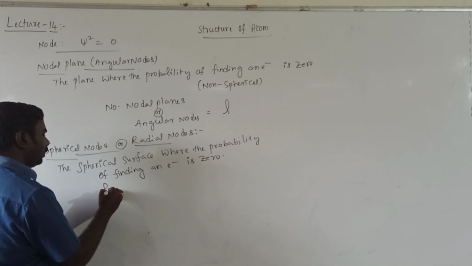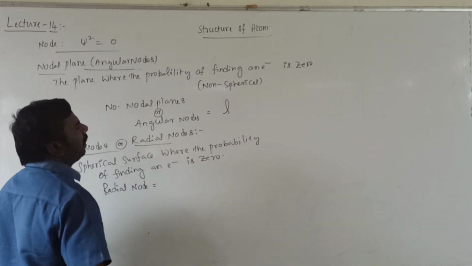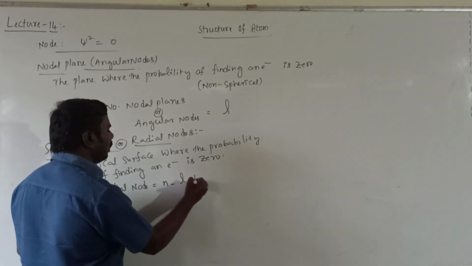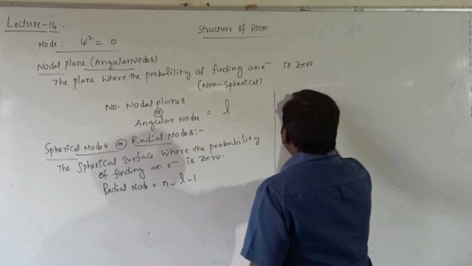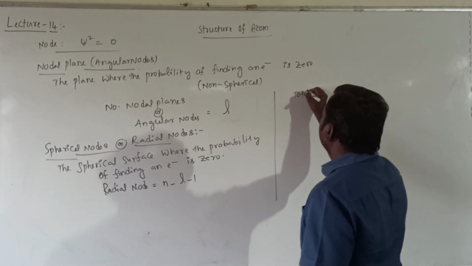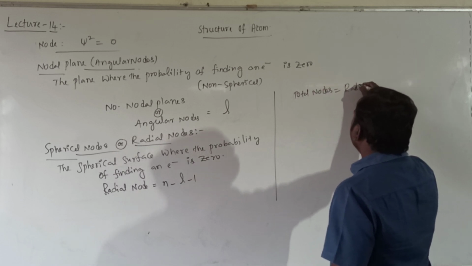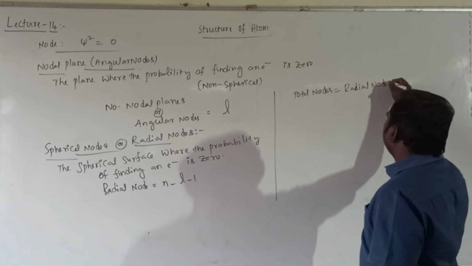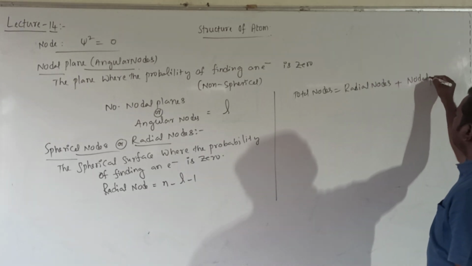Radial node or spherical node, formula will be n minus L minus 1. Now, the number of total nodes is equal to radial nodes plus nodal planes.